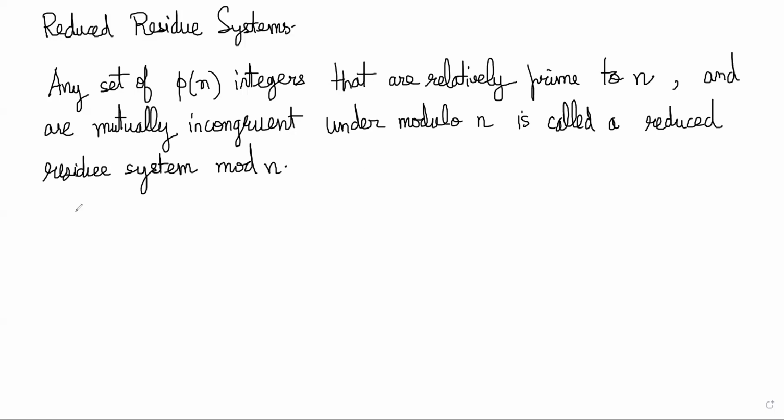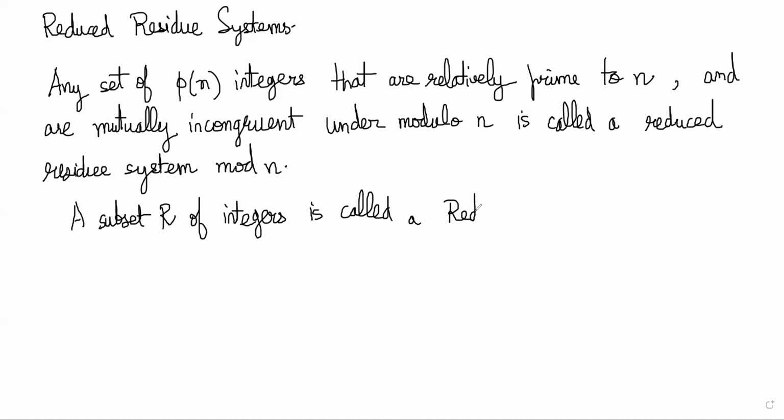So what is this? Let's get into the details here a little bit. A subset R of integers is called a reduced residue system if it satisfies the following properties.